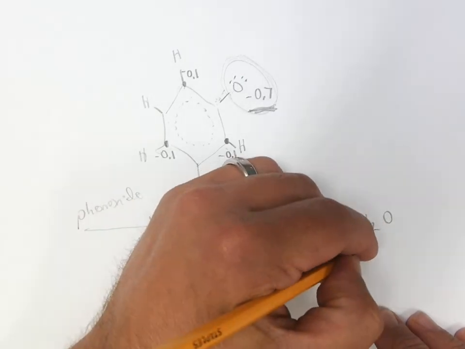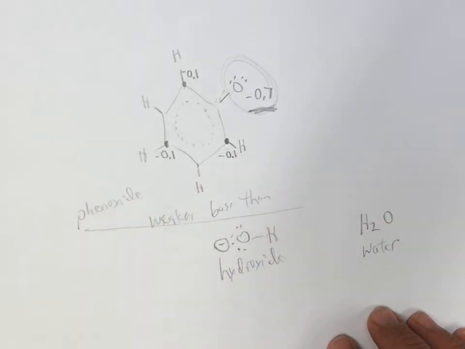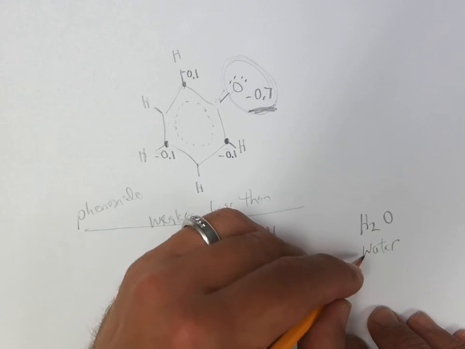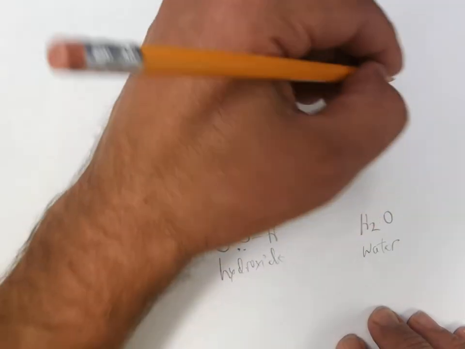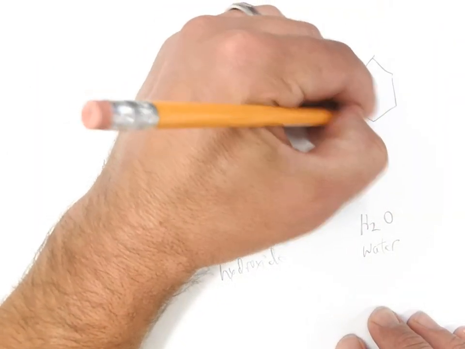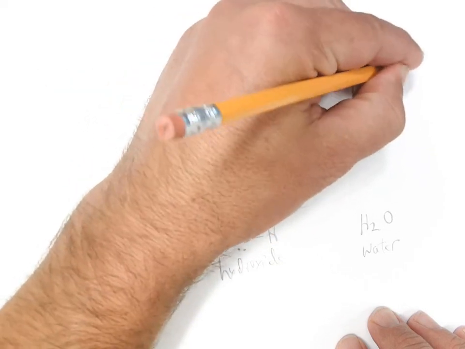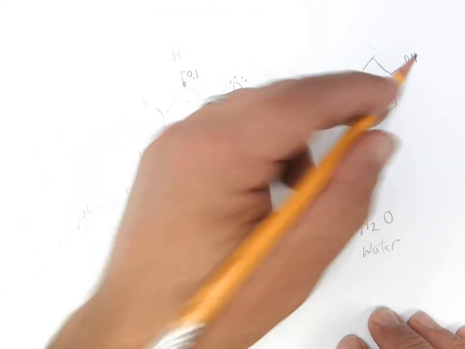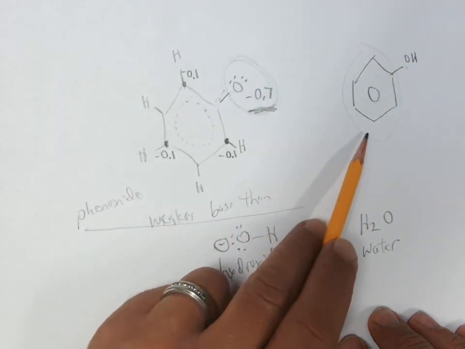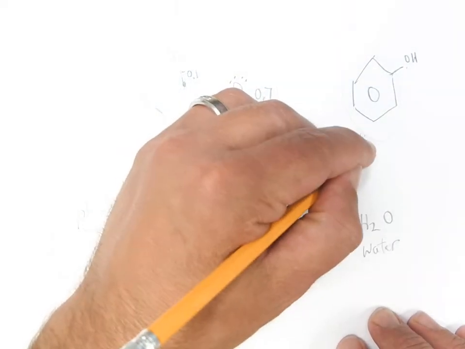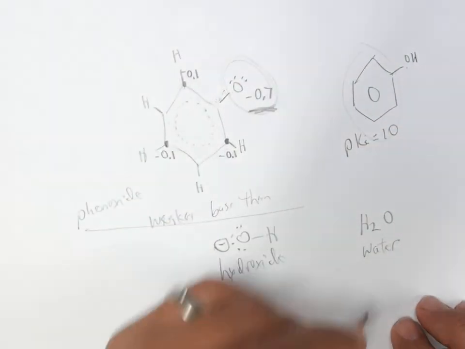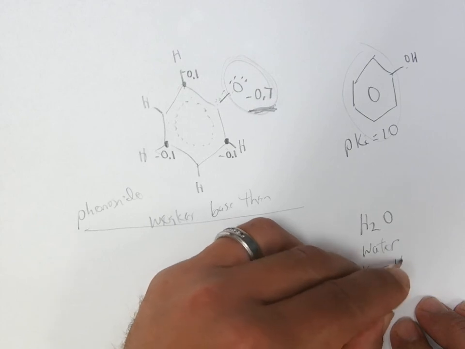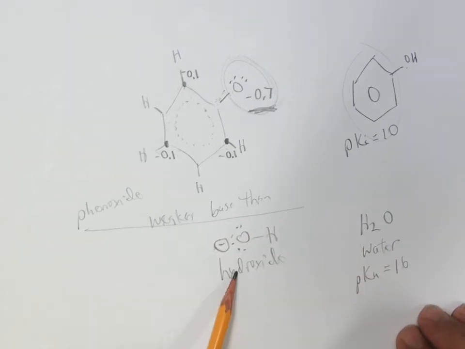And that means water is a weaker acid, and the phenol, now I'm going to use the shorthand, this is a shorthand for the phenyl group, the phenyl alcohol, since its base is weaker, it's a stronger acid, pK equals about 10, water, pK equals 16. So stronger base, weaker acid, weaker base, stronger acid.